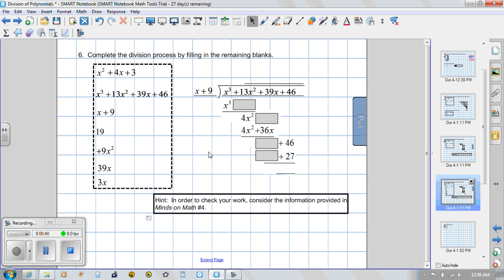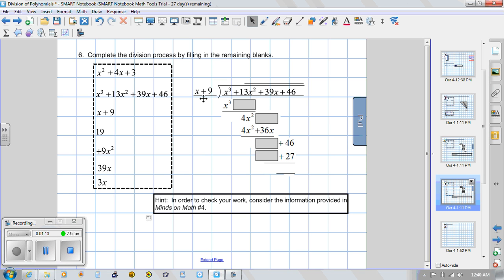If we begin the process a little differently than you would have explored in the Minds on Math, what we'd like to do is just to examine the x term of our divisor and the cubic term of the dividend, and to ask ourselves just exactly how do I get from a linear term or a first degree term to a third degree term.